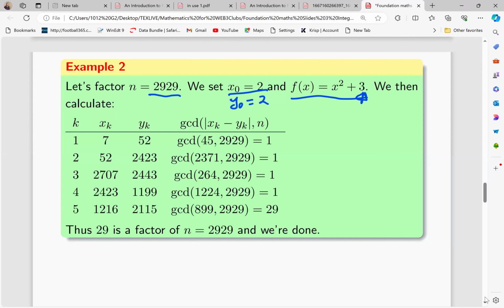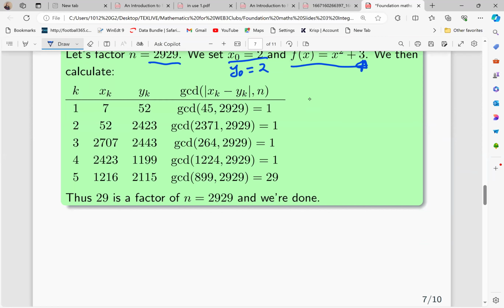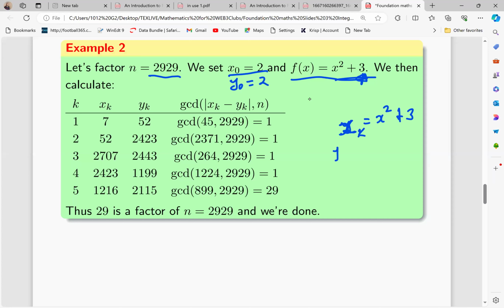Now, what are our formulas? This is our formula. Our xk will just be the value of x above squared plus 3. What about our yk?